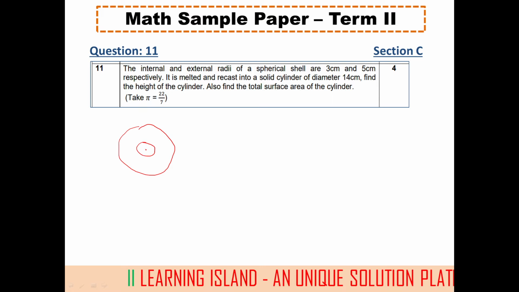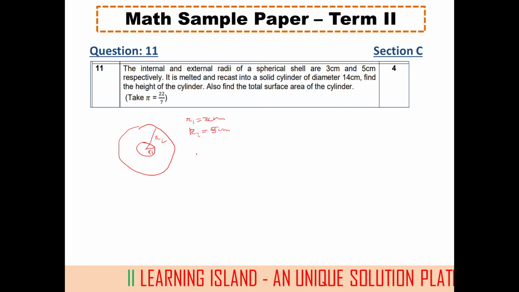You see, this is a spherical shell. This is the internal radius R1 and this is the external radius R2. It is given that R1 equals 3 cm and R2 equals 5 cm.